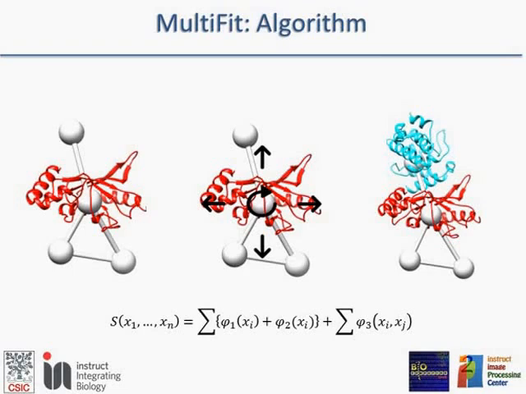So what do these terms mean? The first term here is related with the graph nodes. What the algorithm is doing is transforming the structure into a density map, and then calculating this term here, which is the correlation between the density map generated from the structure and the density map that we provided to the algorithm.